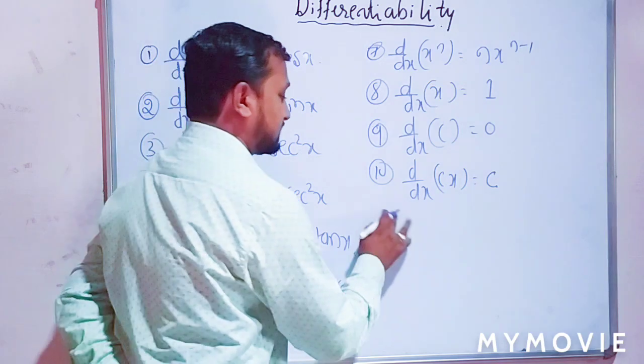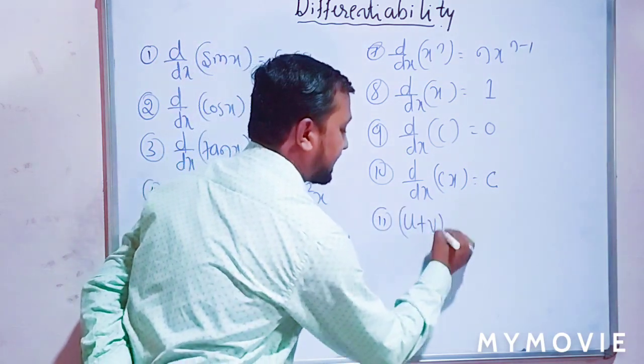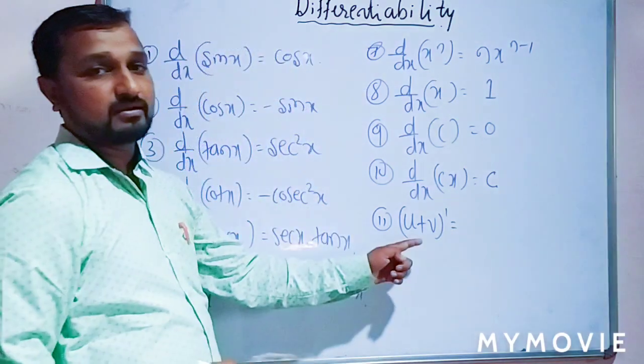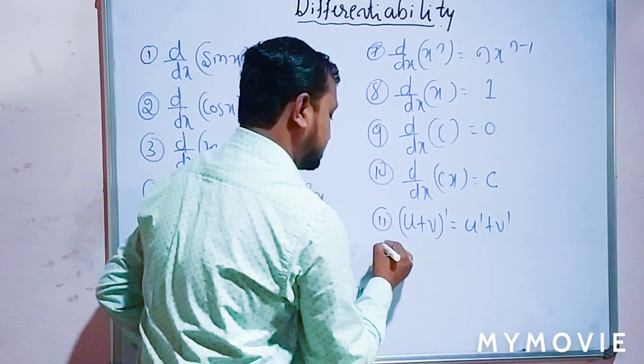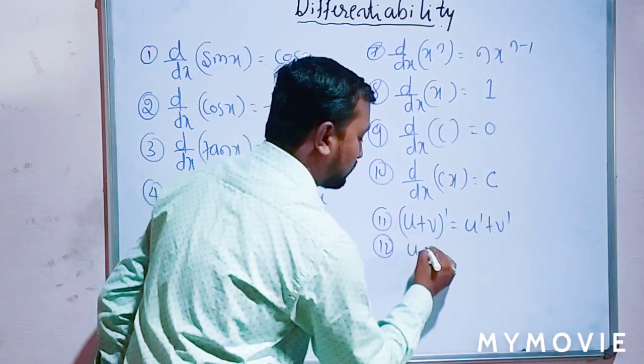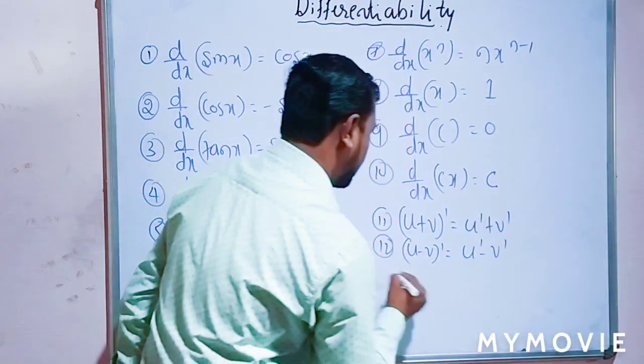Okay, and also the 11th rule is u plus phi whole dash equal to the addition of the derivatives, that is u dash plus phi dash. Same as the 12th one, u minus phi whole dash is equal to u dash minus phi dash.